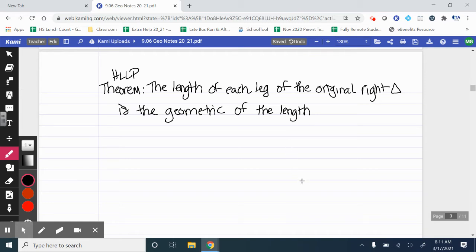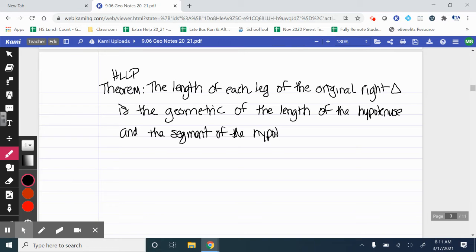Because once you have these triangles, those three triangles are all actually similar to each other, of the length of the hypotenuse and the segment of the hypotenuse that's closest to that leg that you're looking at.